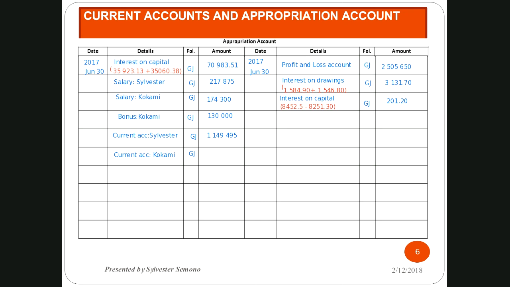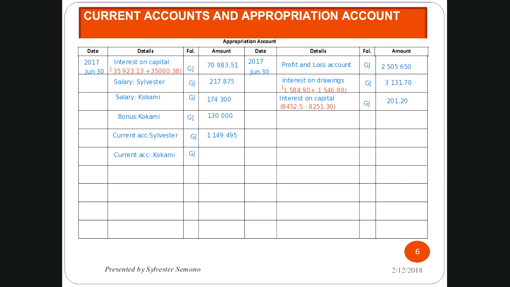So we need to add the size, and this size is equal 70983.51 plus 217,875 plus 174 plus 130, 123 plus 1,149,495 plus 766,330.